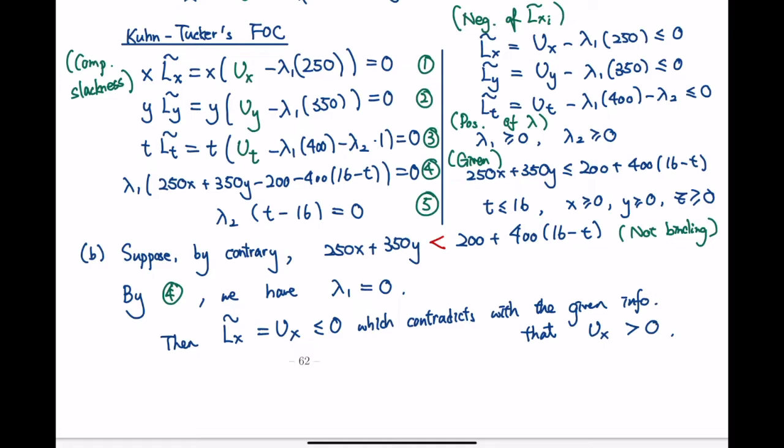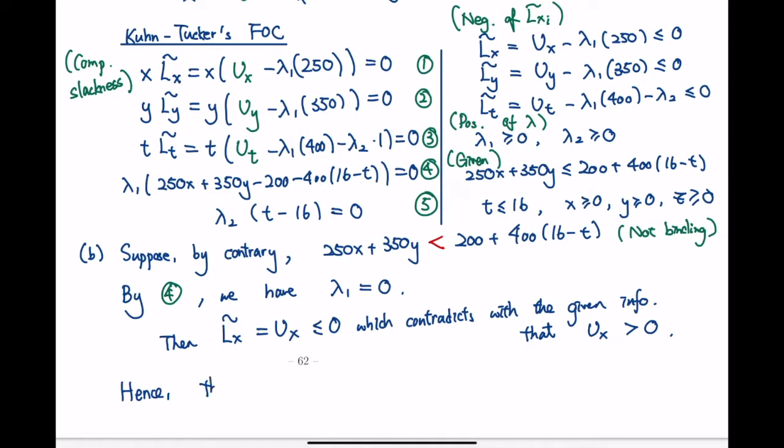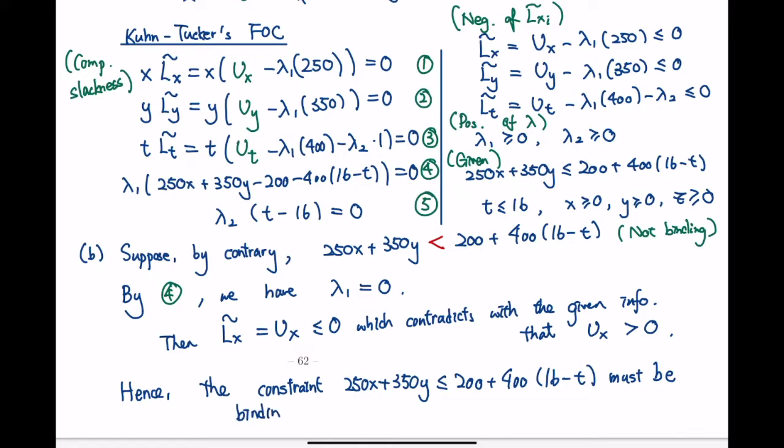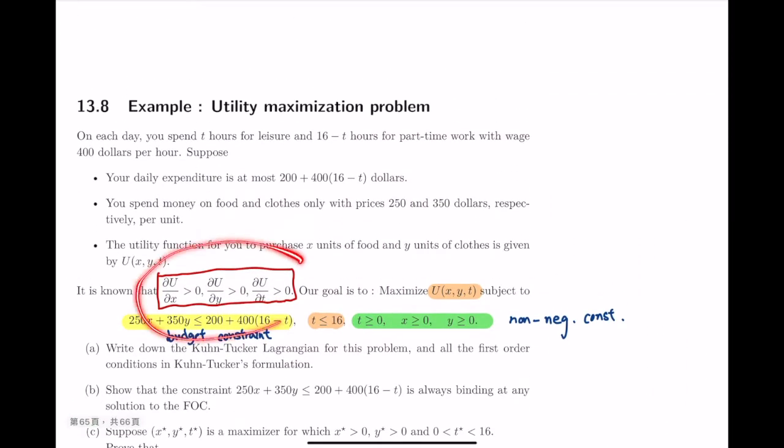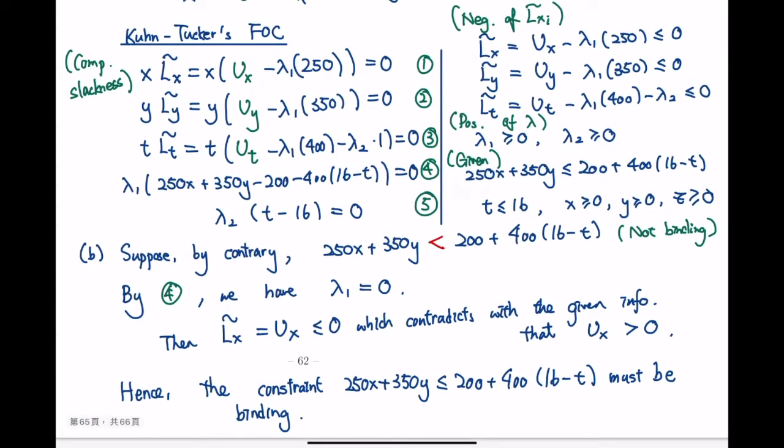So we assumed it's not binding and it must be wrong. Hence, the constraint 250x plus 350y less than or equal to 200 plus 400 times 16 minus t must be binding. Okay, so that's the proof. The proof uses beautifully one of these inequality conditions and also the given information. So that's it.